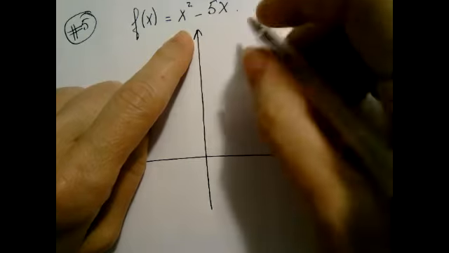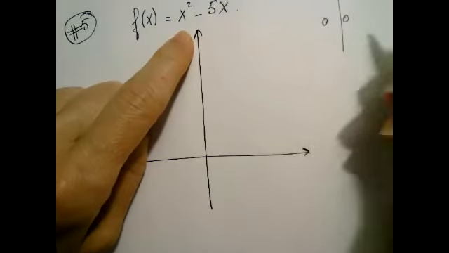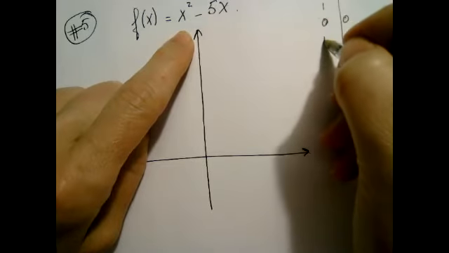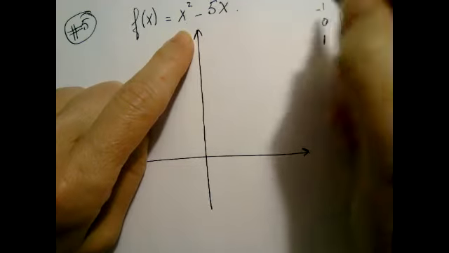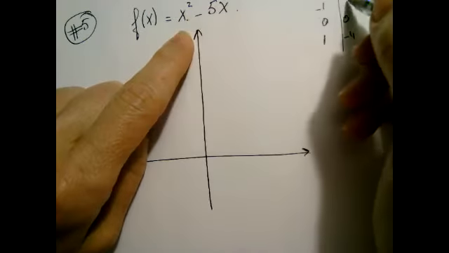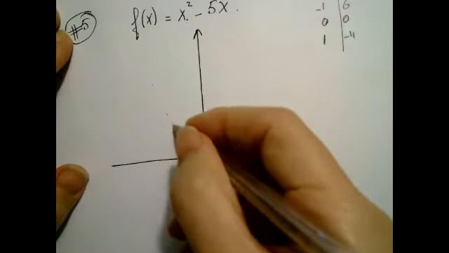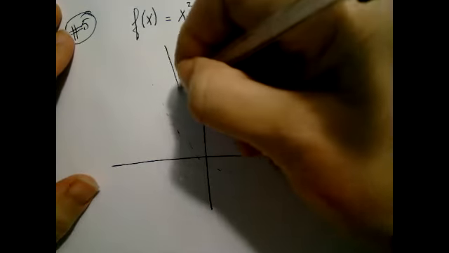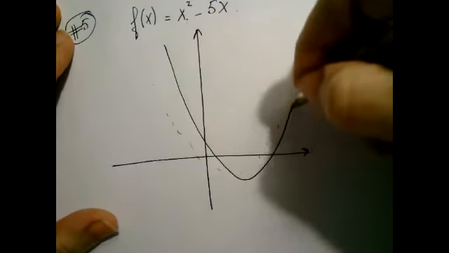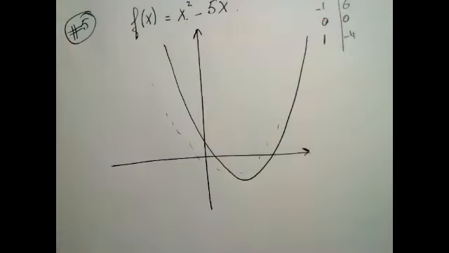So for example, at 0, I have 0. At 1, I have 1 minus 5, which is minus 4. And you take several points. At minus 1, I will have 6. We draw all those points and we connect. And we get a picture like this because this is a parabola.